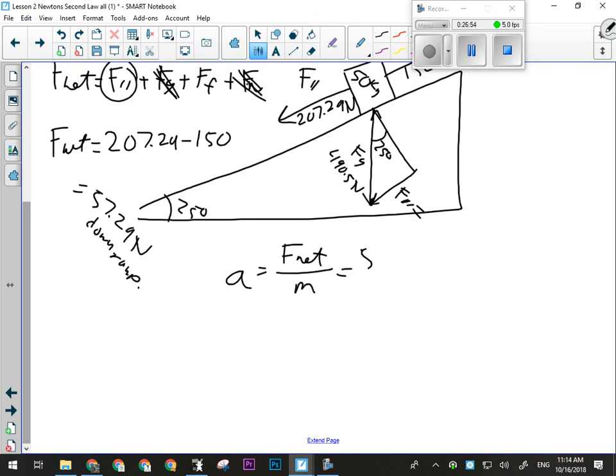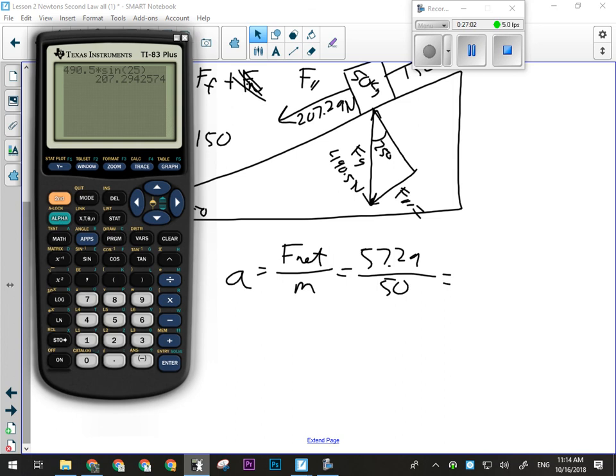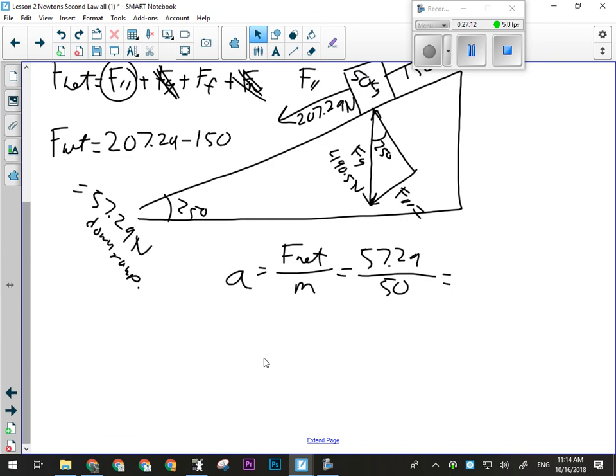So 57.29 down the ramp divided by the mass of the child, which is 50. So we're looking at 1.1, because we only have two significant figures, 1.1 meters per second squared down the ramp.